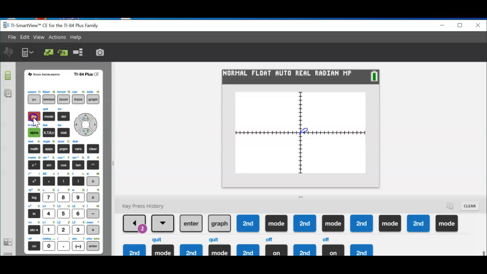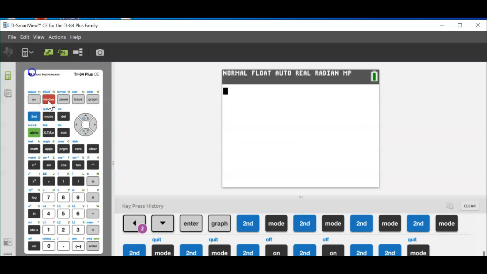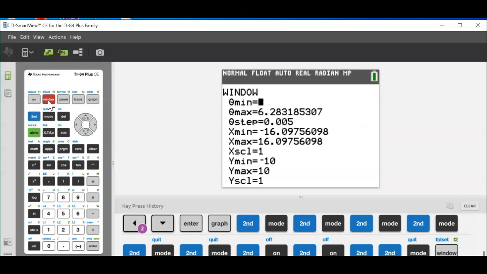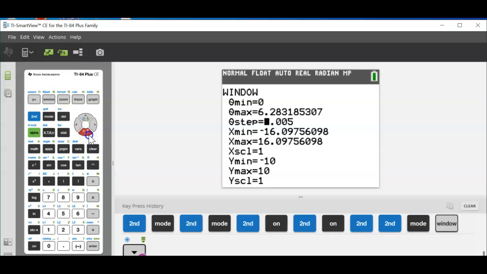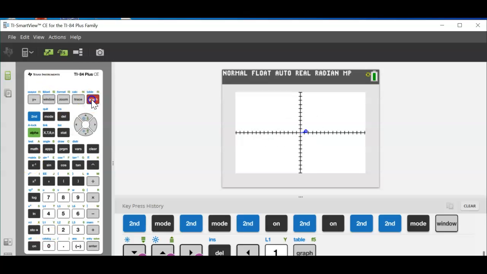Did I freeze it? Oh no, there it goes. Okay, let's go change this. The 0.005 was too slow. Let's make it faster. How about let's just do the 0.01 then. Okay, there we go. Maybe I added an extra 0.